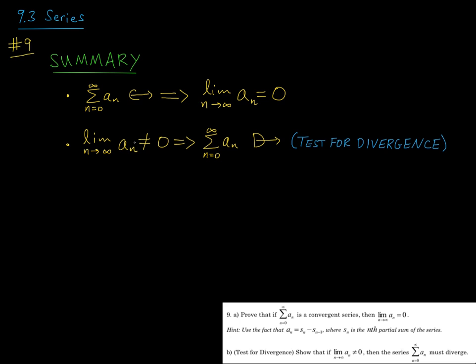Now the equivalent statement is that if a sub n does not approach 0, so again, whether a sub n approaches maybe some non-zero value or this limit just doesn't even exist, then we can conclude that the corresponding series of a sub n diverges. Now this result here is what is known as the test for divergence, and we will see this quite a bit in the next couple sections. So a little bit of a preview of things to come.